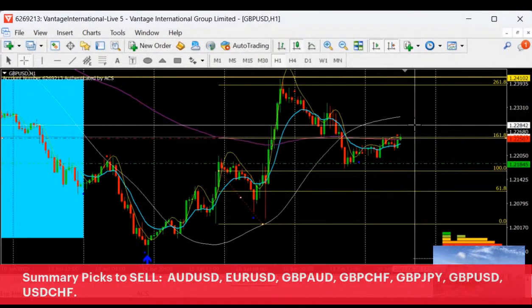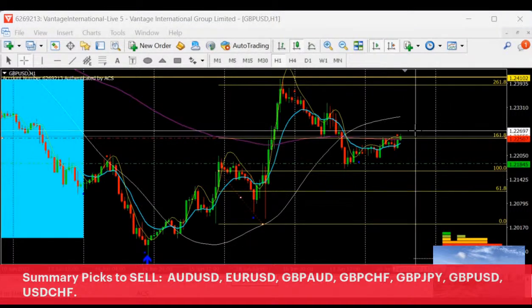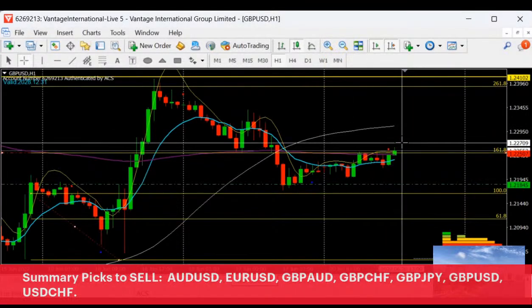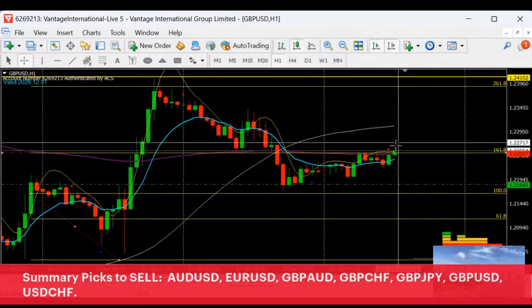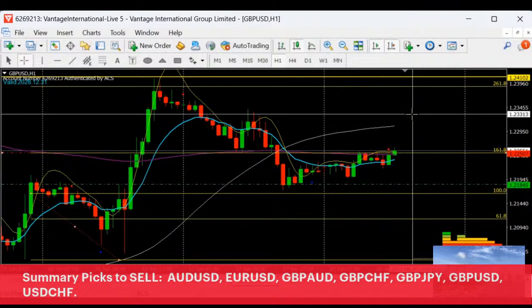Because I want to check the closing of this current hour candle, whether it will go into this area of support and then start to rise, escalating to the next higher resistance to sell.